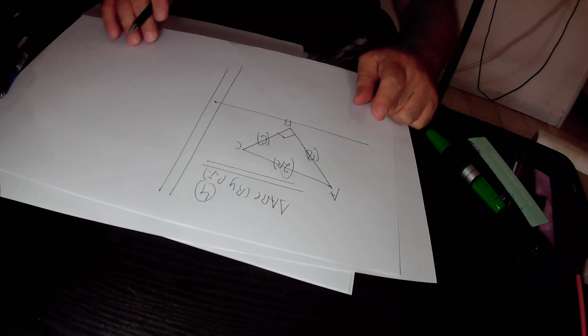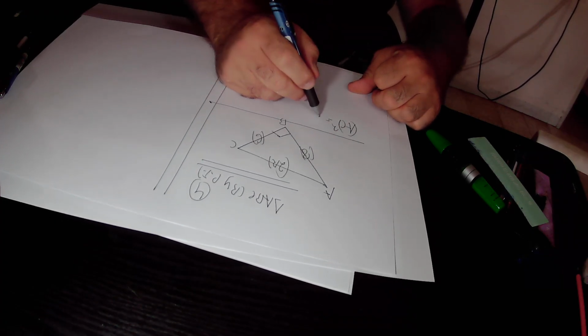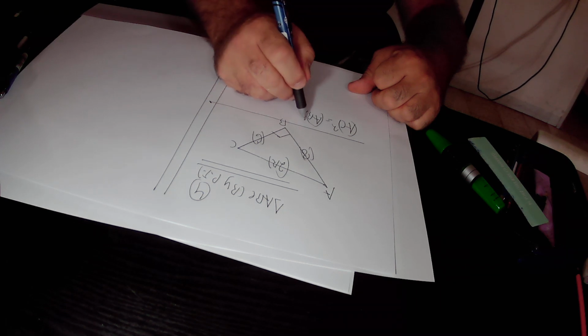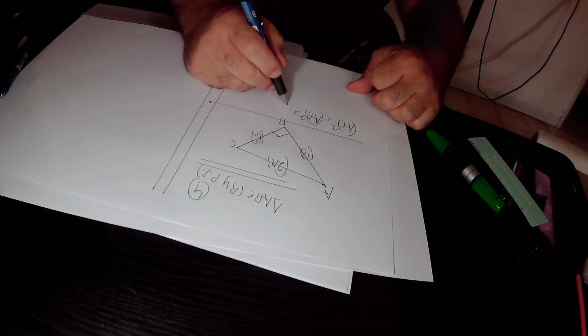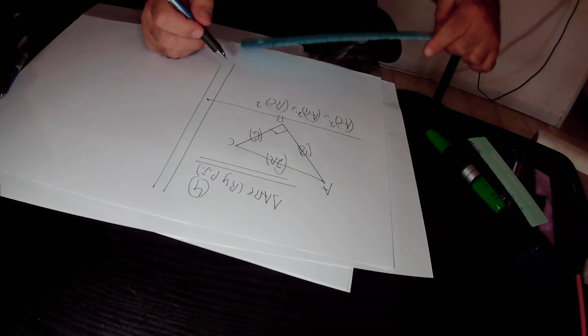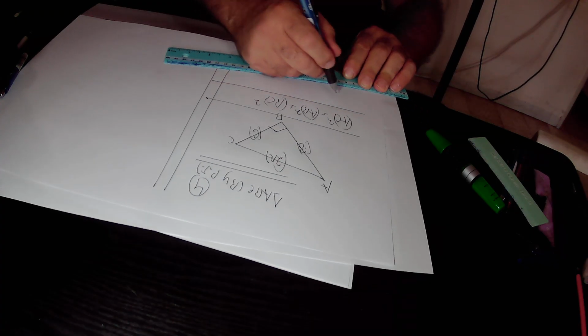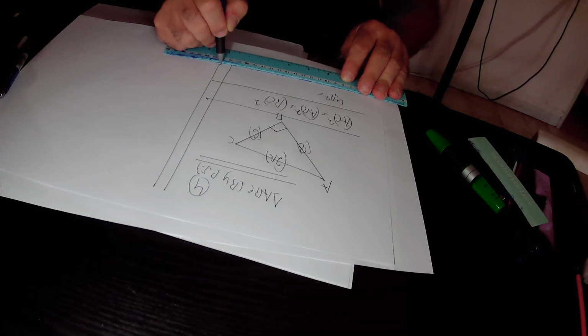AC squared, that is the square of the hypotenuse, equals AB squared plus BC squared. AC is 2R, therefore AC squared is 2R squared, that is 4R squared, and that equals AB squared.